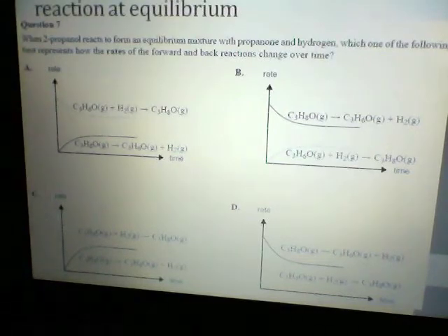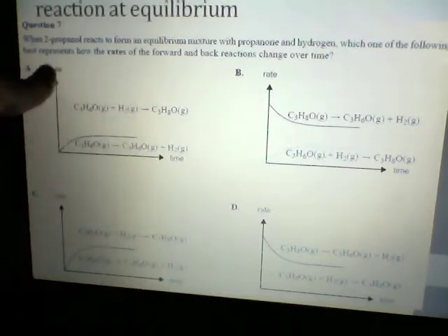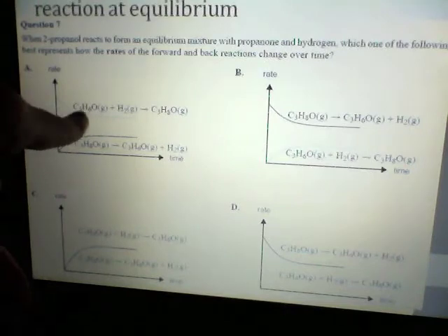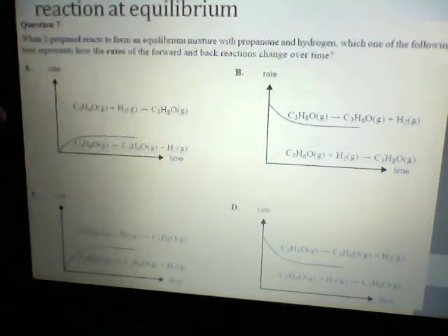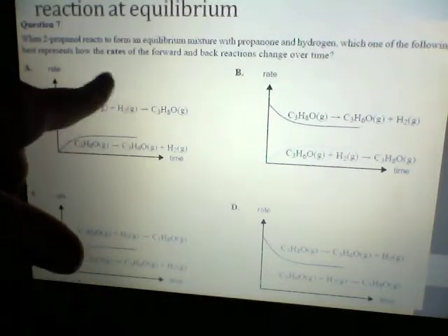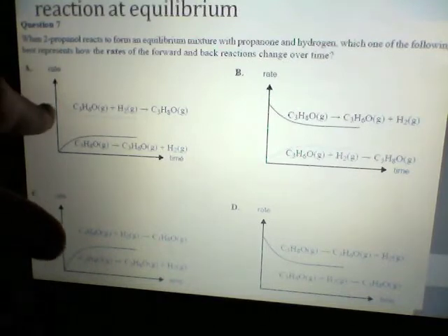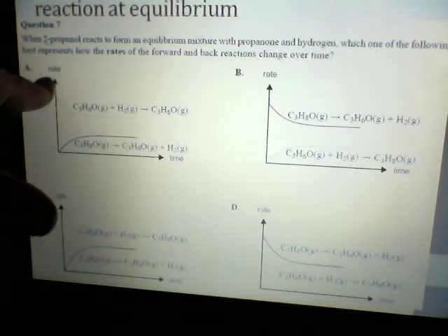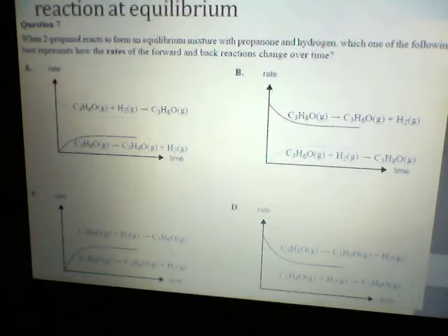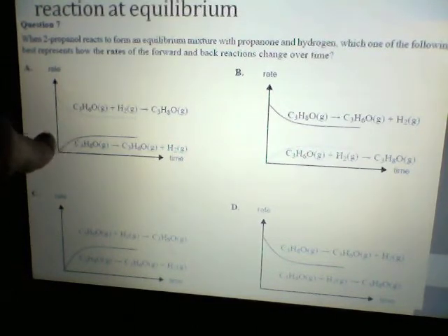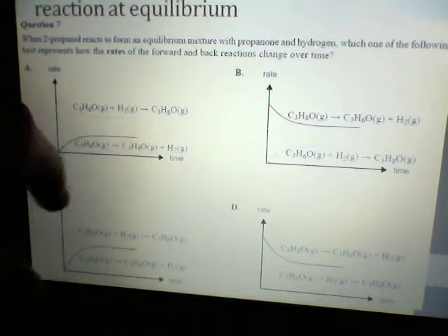So let's have a look at the options and get rid of the distractors. Let's look at A. That has the opposite, propanone and hydrogen being converted into 2-propanol. The question says that 2-propanol is in the highest concentration, so this reaction will have to be the fastest.